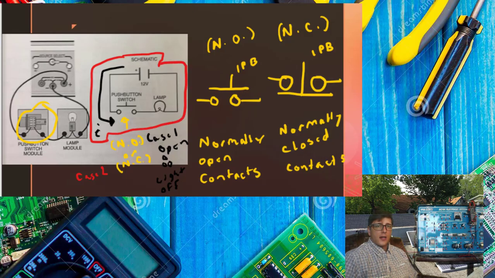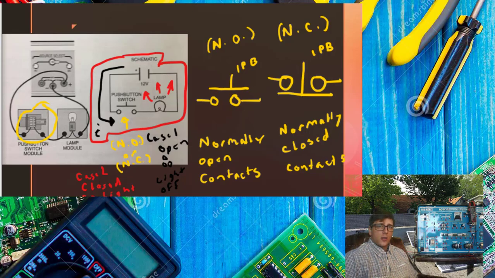That is basically a current loop. So in case 2 we have a closed circuit, and therefore the LED, the light, is on. In this case we see a lamp on, and in the other case the lamp is off.